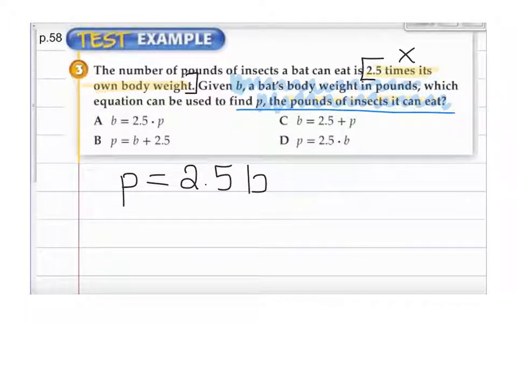So our equation is P equals 2.5B. Which one, A, B, C, or D, matches the equation we wrote? Good. D, because remember, a single dot can be used to show multiplication.